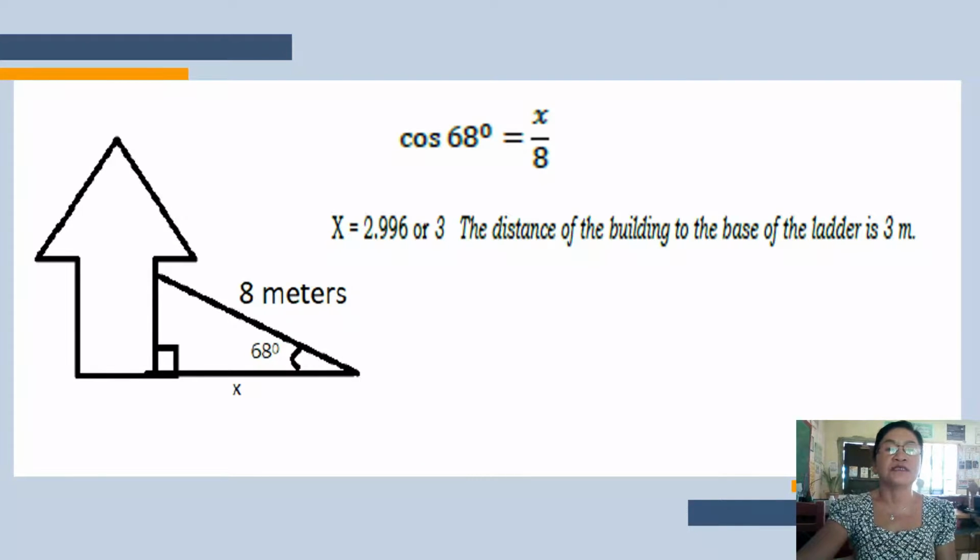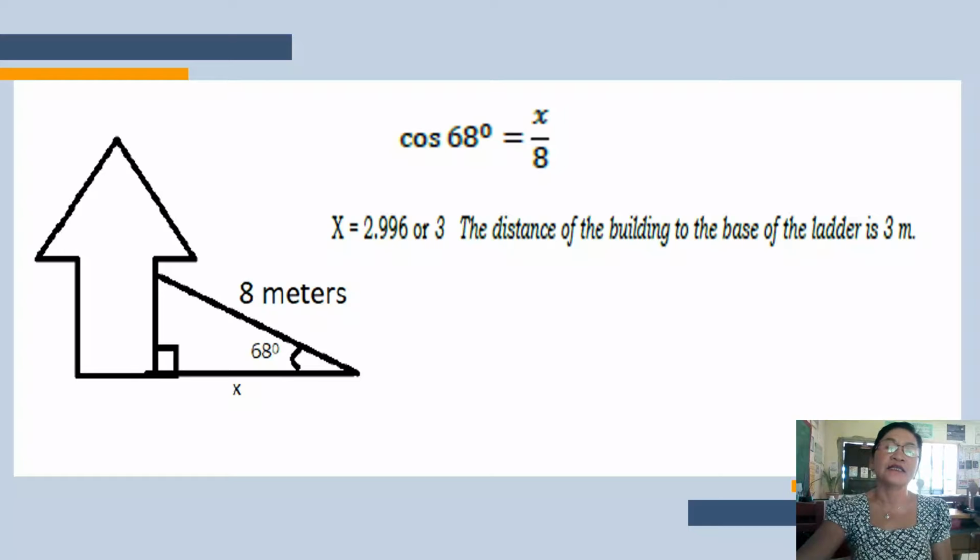Since, as you can see here in the figure, the hypotenuse is given, which is 8 meters, and what we are going to solve for is this x, and this angle theta is 68 degrees, therefore the trigonometric ratio to be used is cosine.